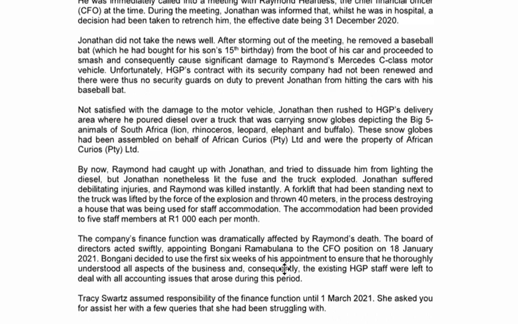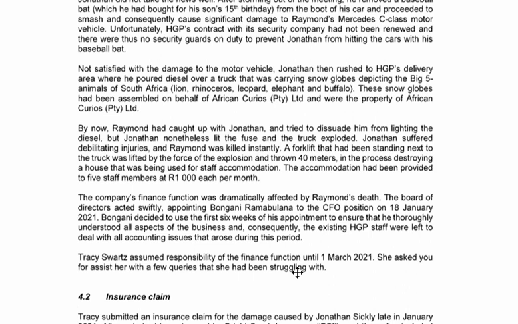Bongani decided to use the first 6 weeks of his employment to ensure that he thoroughly understood all aspects of the business, and consequently the existing HGP staff were left to deal with all the accounting issues that arose during the period. Tracy Swartz assumed responsibility for the finance function until 1 March 2021. She asked you to assist her with the following queries.